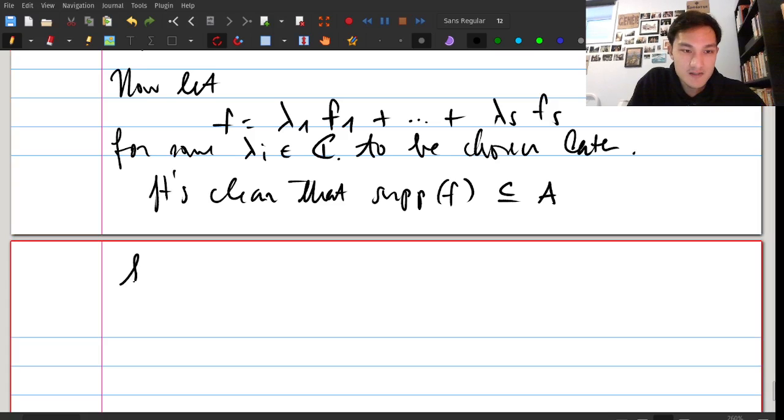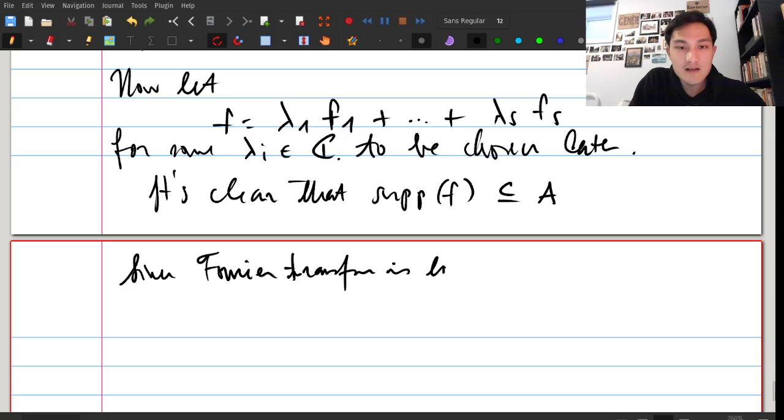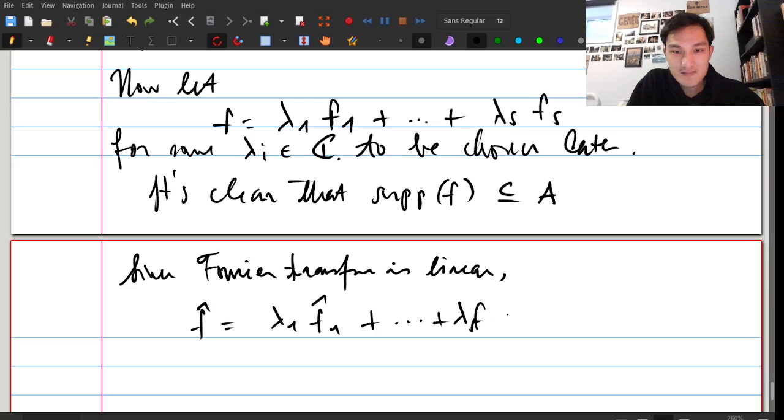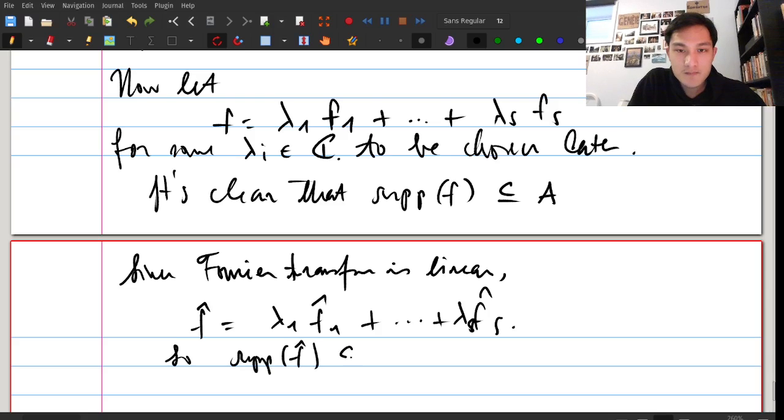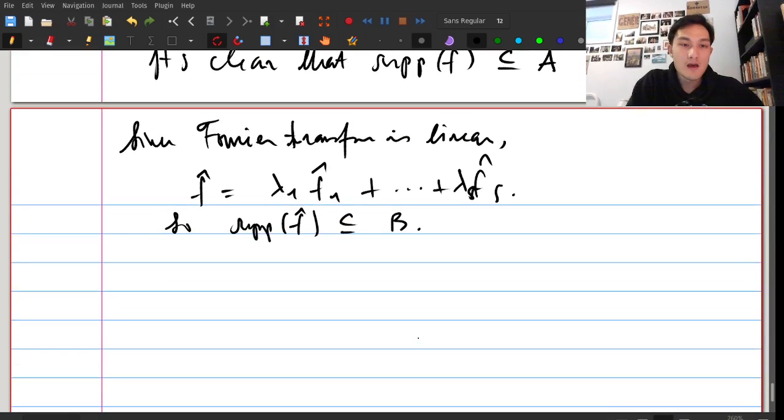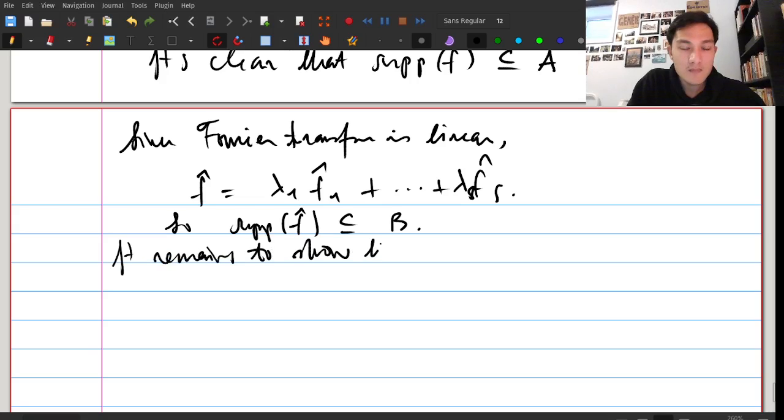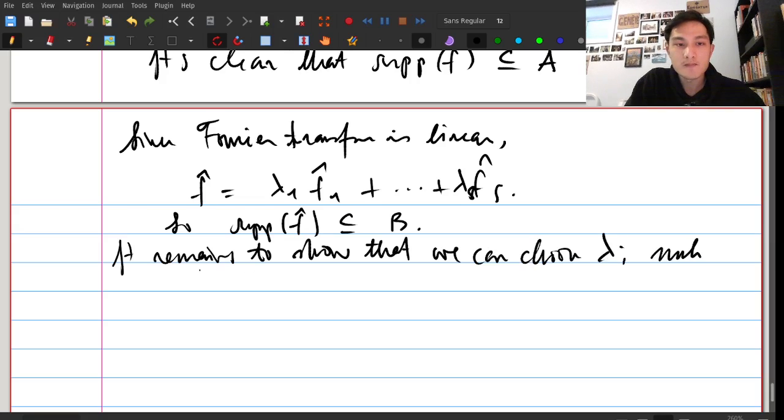So since the Fourier transform is linear, let's write it out. f hat is equal to lambda 1 f1 hat plus up to lambda s fs hat. So the support of f hat is a subset of B. Now it remains to show that we can choose the lambda i such that we have the opposite inclusions.